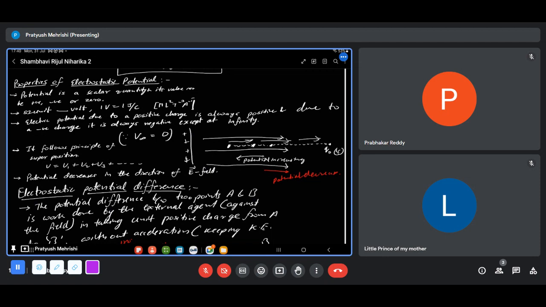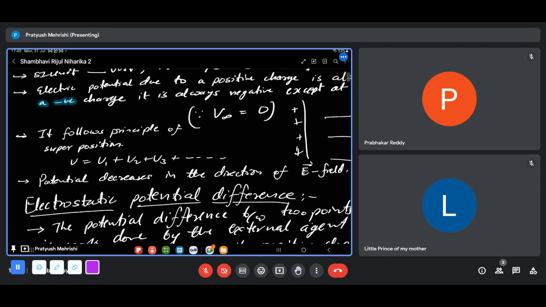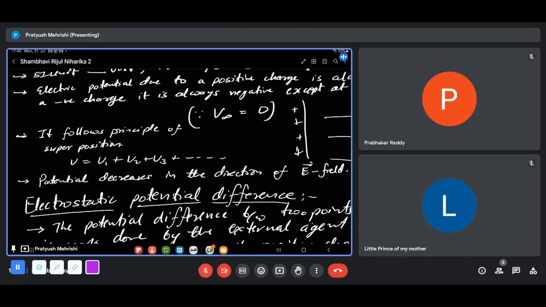Next, it follows principle of superposition. You understand what is principle of superposition? Hemant? So we can say that if different charges are present. No. Principle of superposition, I am saying.